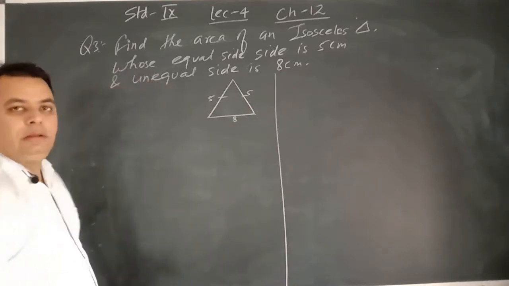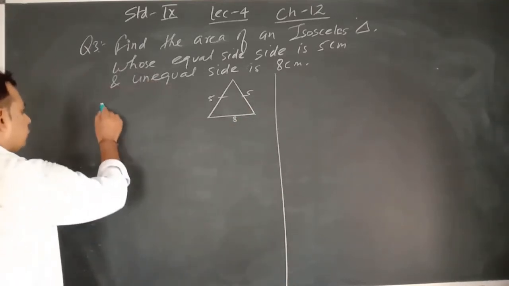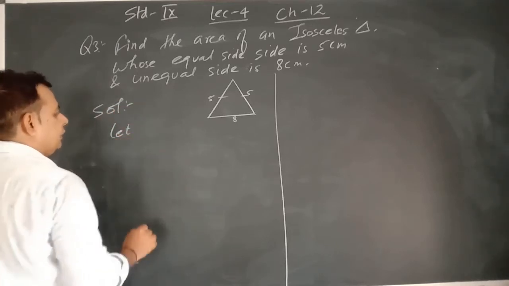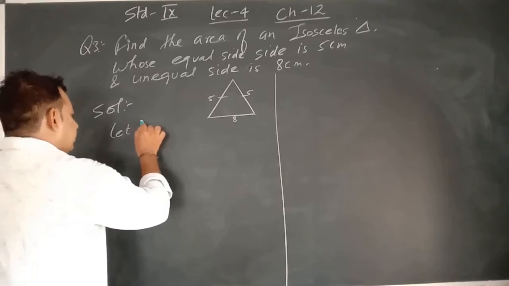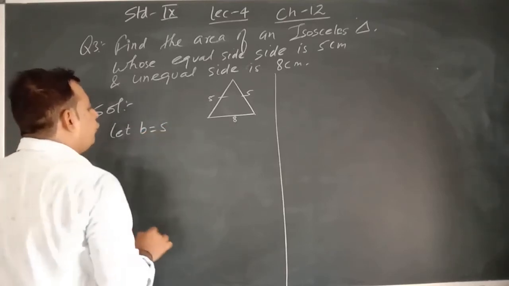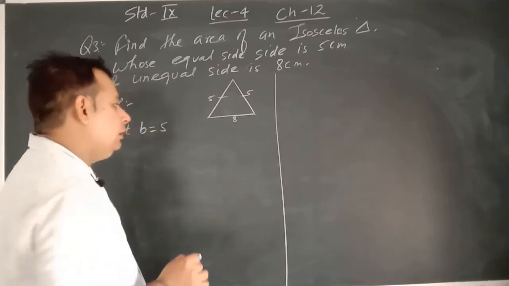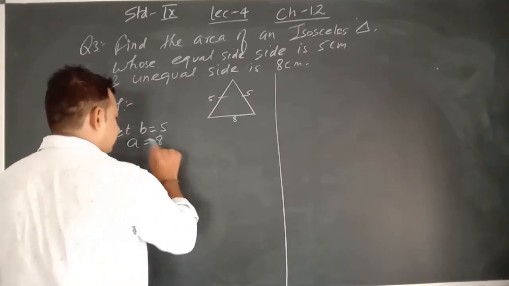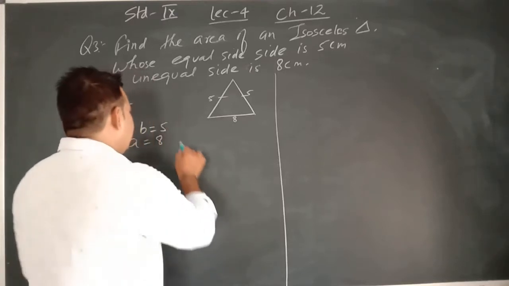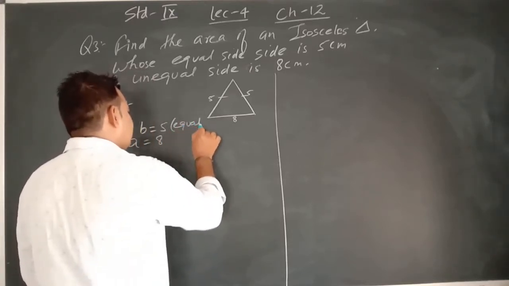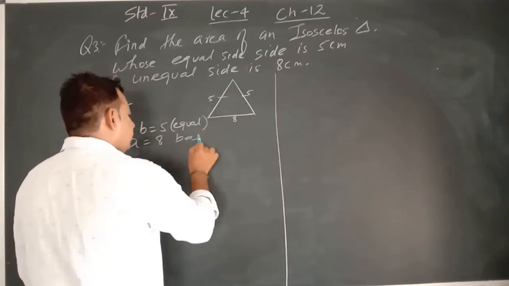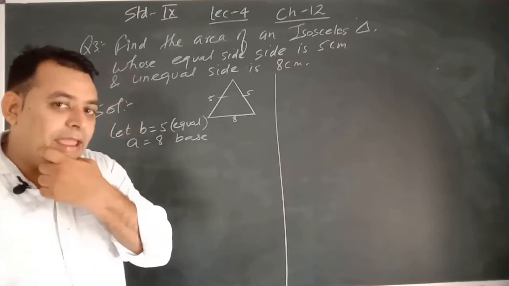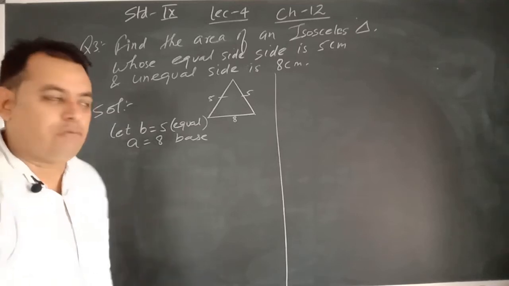So now I am solving the solution. Let B equals 5, the equal side, and A equals 8, the base. This is 5, the equal sides, and this is the base. We have considered it. Now I am applying the area of an isosceles triangle.